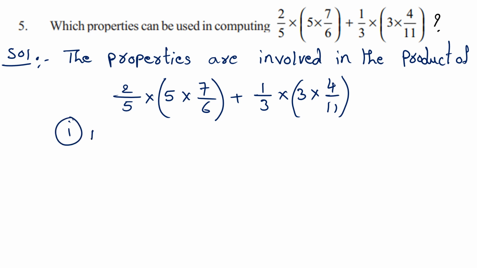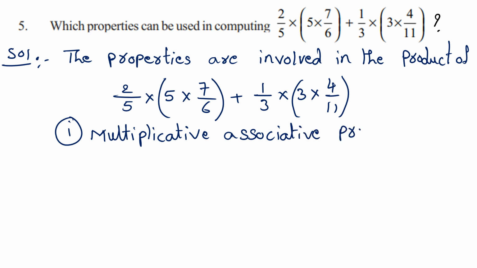First one, multiplicative associative property, right? This is the multiplicative associative property. The second one, multiplicative inverse, right?